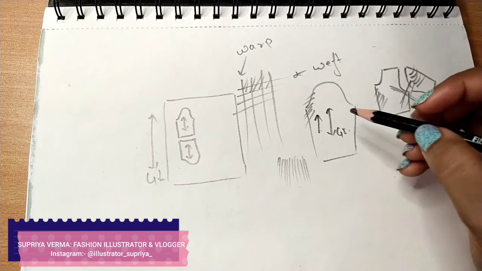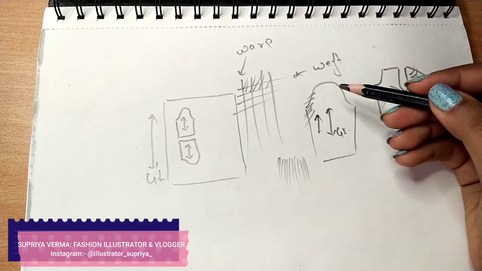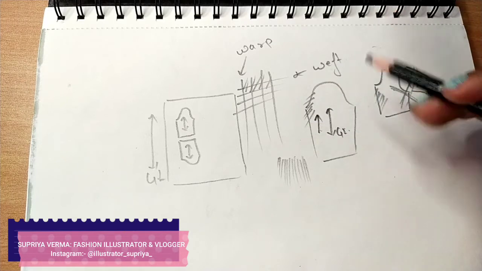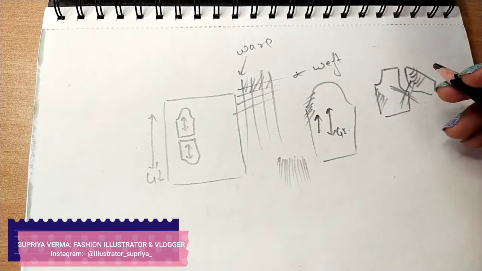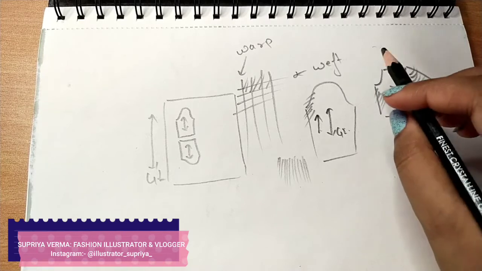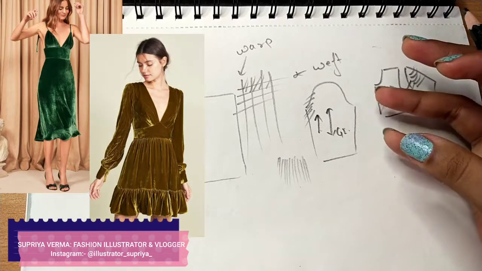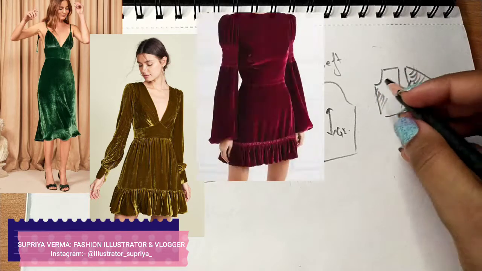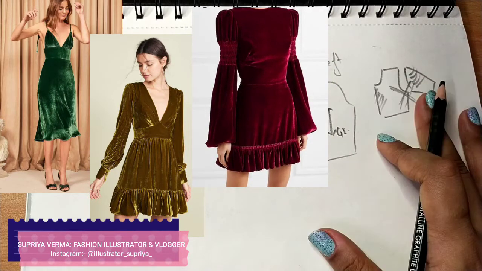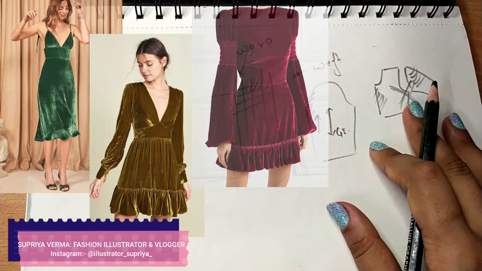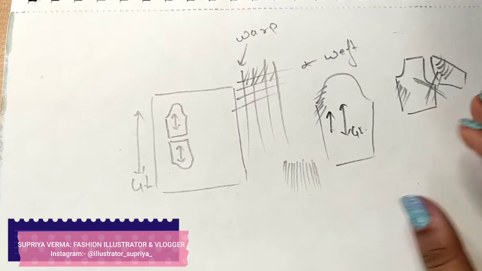You have to observe your material first, whether it is satin, velvet, leather, anything. You have to observe the fabric and then start rendering. So yeah, this is all about the velvet fabric. Hope you guys understand.